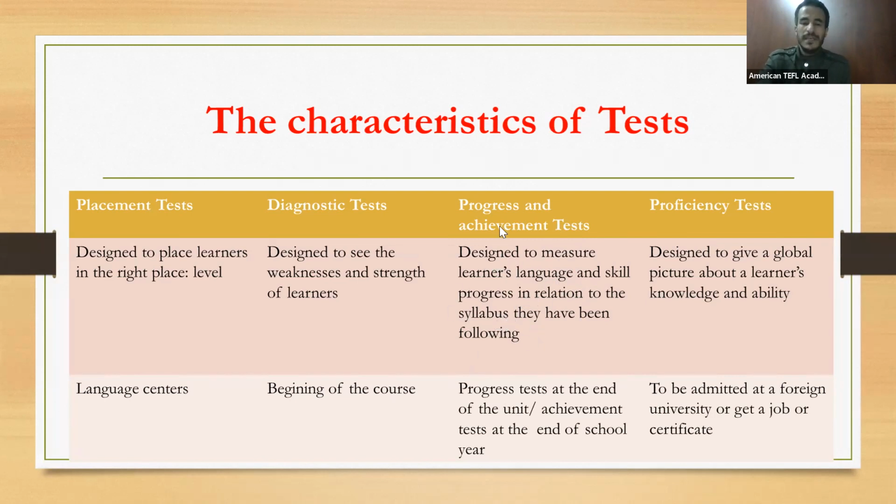Progress tests take place at the end of the unit or units. Achievement tests are at the end of the school year. So a unit test is the progress test, and the final exam or the national exam is the achievement test. Okay.